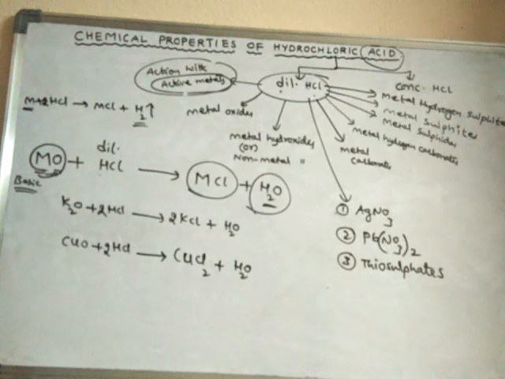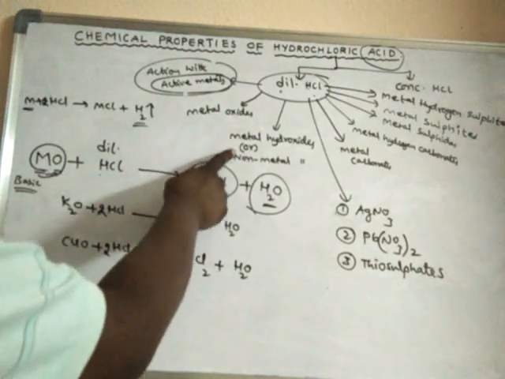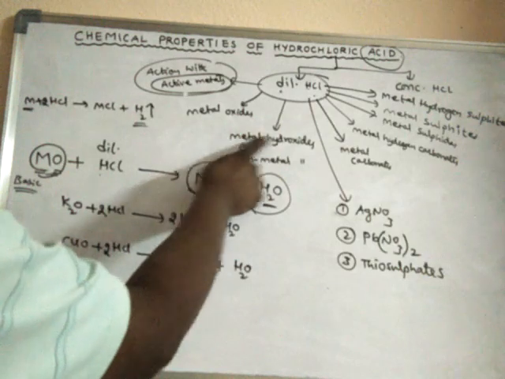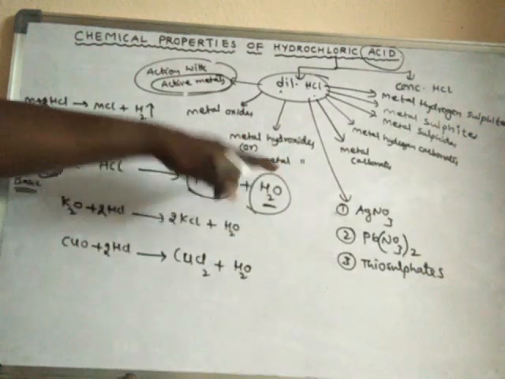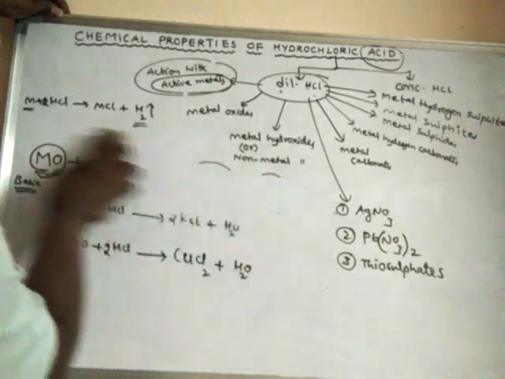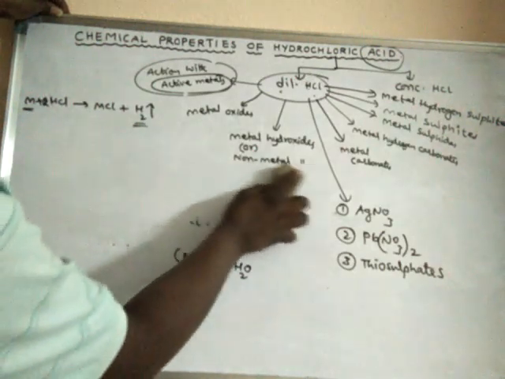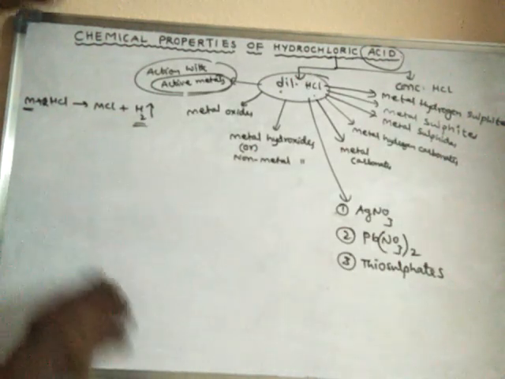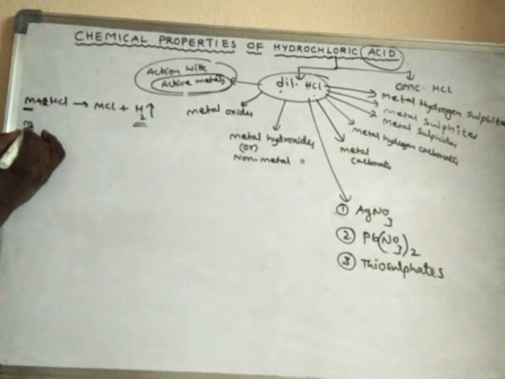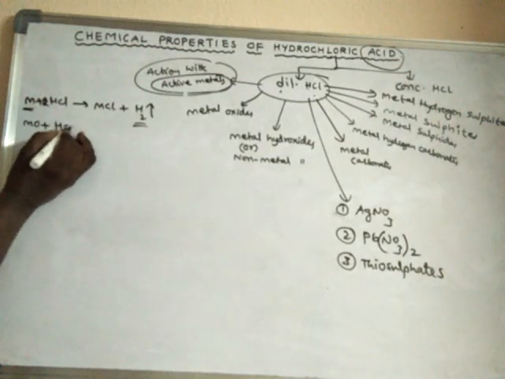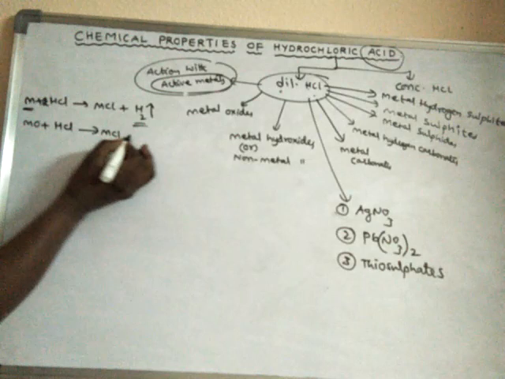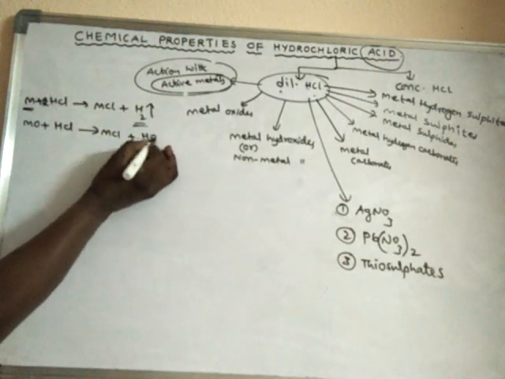Now we learn about the reaction of dilute hydrochloric acid with metal hydroxides or non-metal hydroxides. With metal oxides, HCl forms metal chloride plus water.